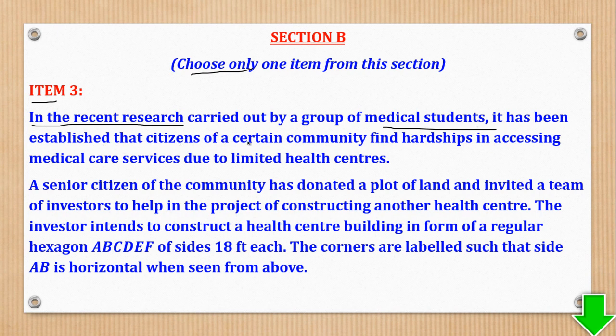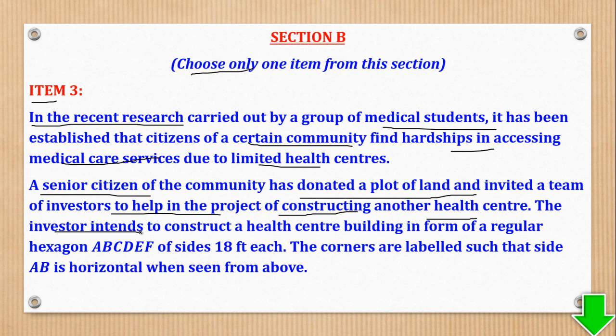that citizens in a certain community find hardships in accessing medical care services due to limited health centers. A senior citizen of the community has donated a plot of land and invited a team of investors to help in the project of constructing another health center.